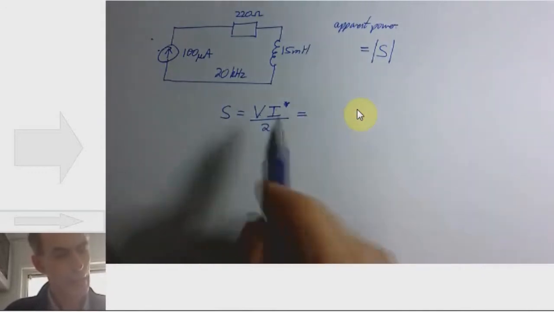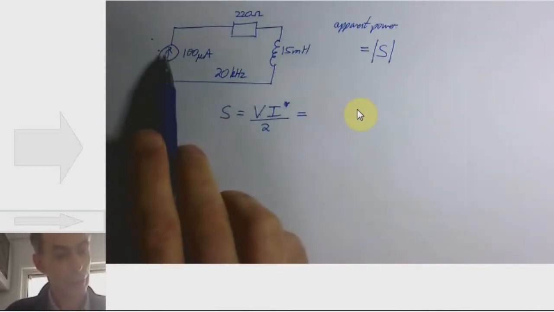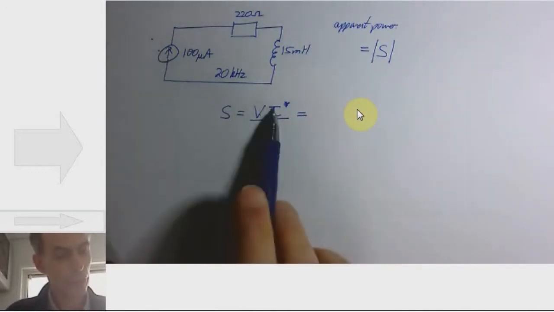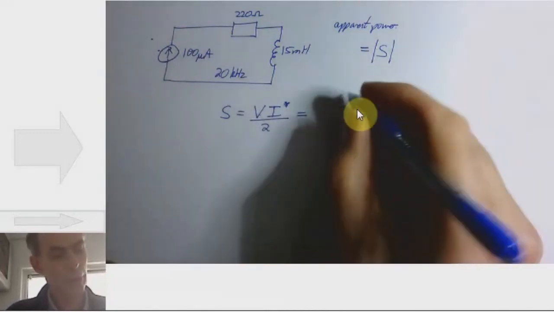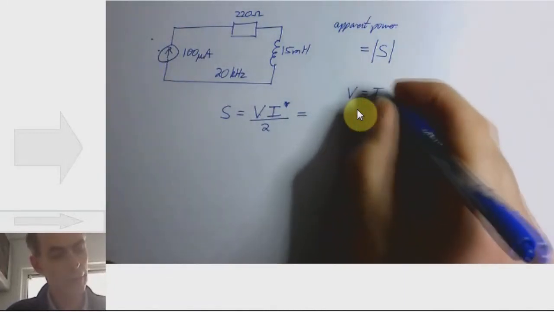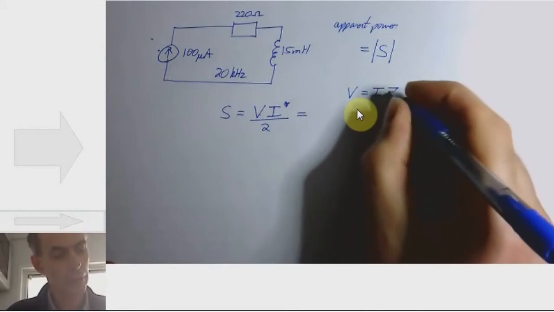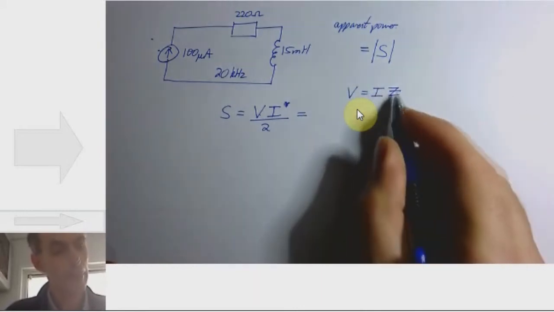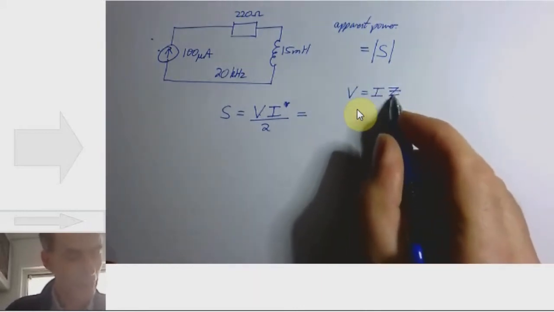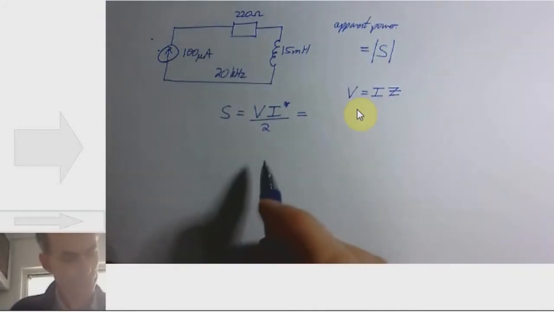Now, we know the current here, we don't know the voltage, but we do know that the voltage phasor is the current phasor multiplied by the complex impedance in the circuit.